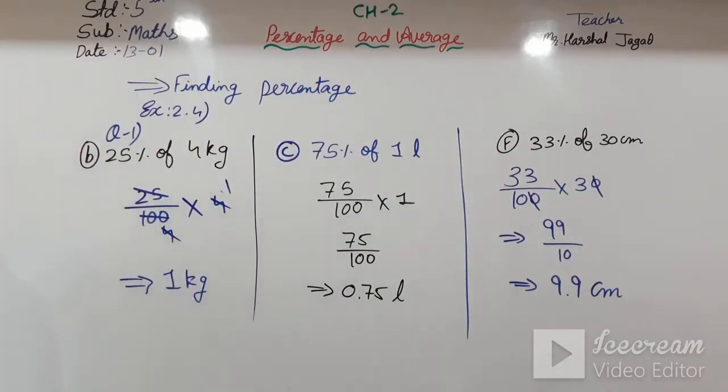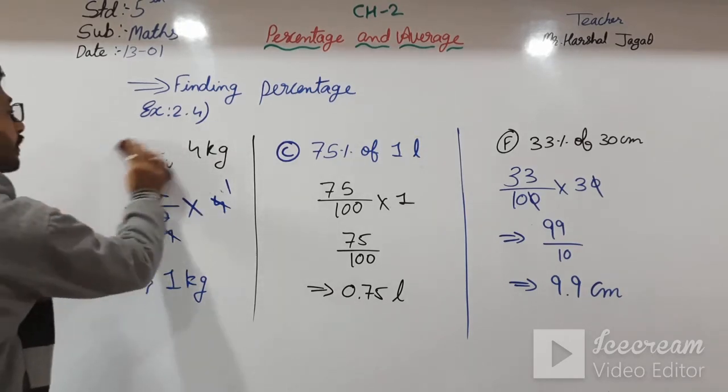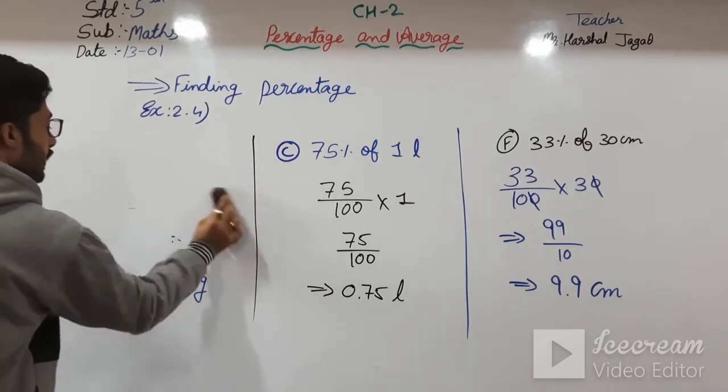And now question number 2, before that you just write down this. Find the following. Question number 2 is also the same. I am just first erasing this, and first of all we will solve here.